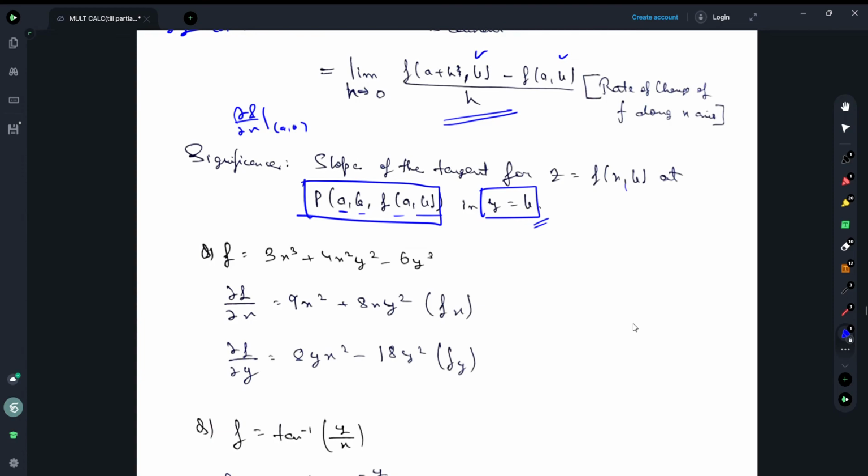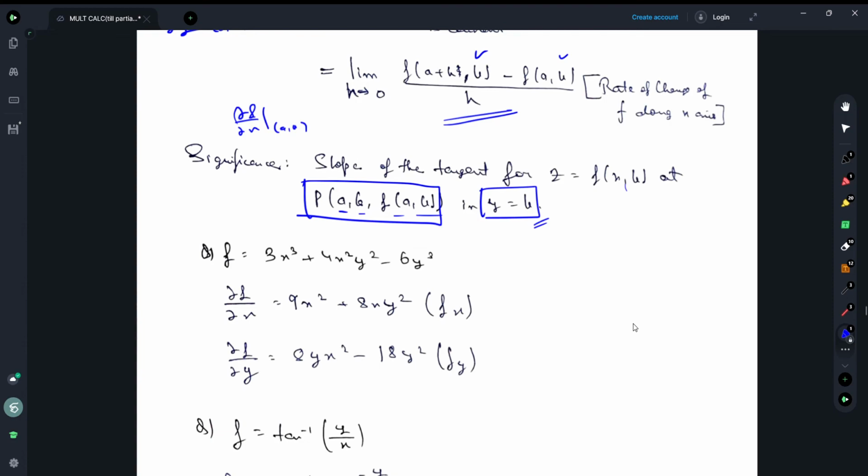Now a simple sense of finding partial derivatives is that if you are asked to find the partial derivative of some function with respect to x, then throughout the process just treat y, or any variable except x, as a constant, unless that particular variable is a dependent variable.